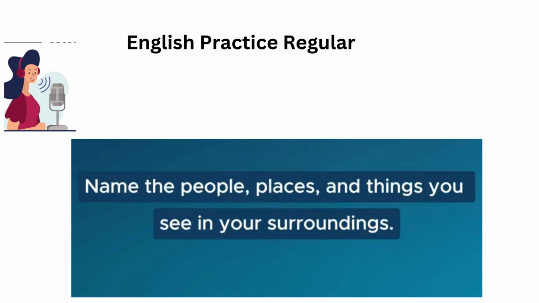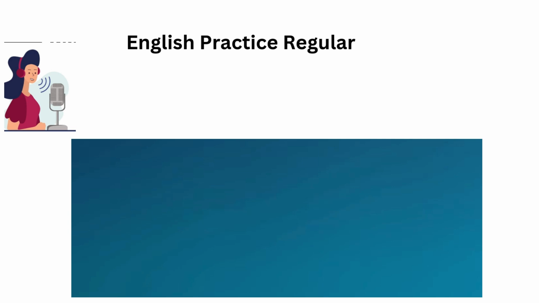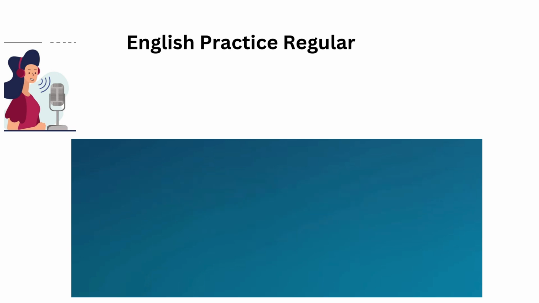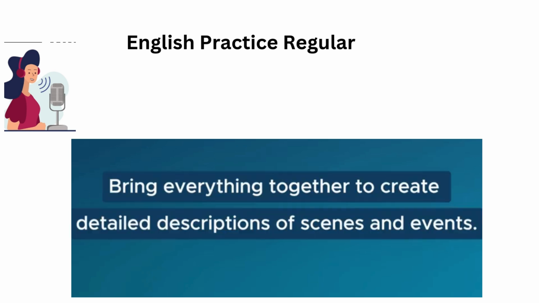Name the people, places, and things you see in your surroundings. 3. Think in sentences. Combine verbs and nouns to form short, simple sentences. 4. Think in paragraphs. Bring everything together to create detailed descriptions of scenes and events.